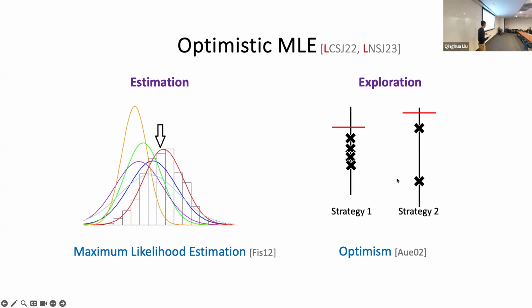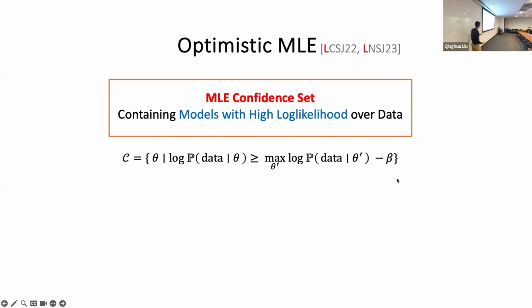These are the two ideas used in this algorithm. So how should we combine these two ideas to get this algorithm? So first, let's say we have a bunch of transition data collected from interacting with the POMDP.